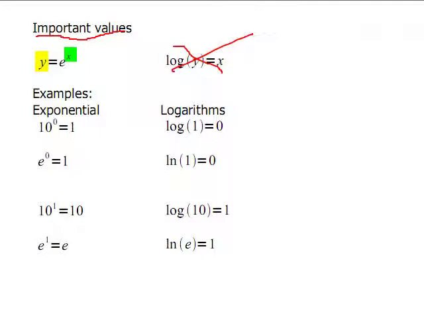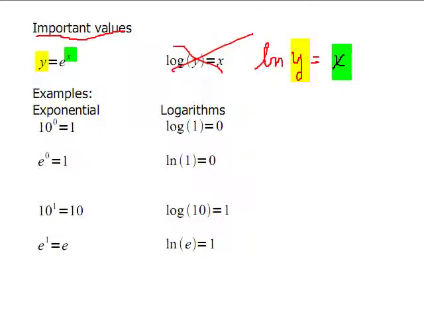Now, if I take the natural log, I have to team it up with the e, so I'm going to use natural log, but in this case I'm going to take natural log of the answer, then I will get the exponent. So this was that exponent, and here was the answer.